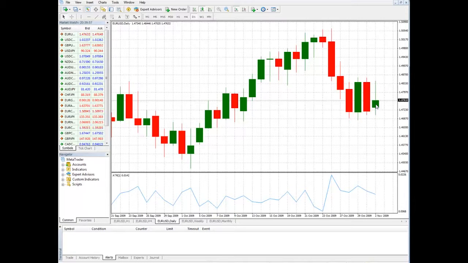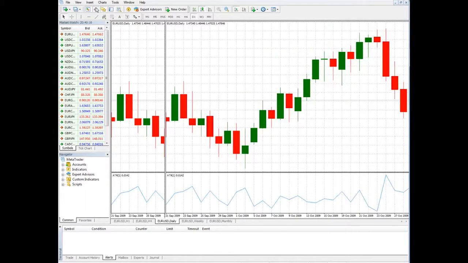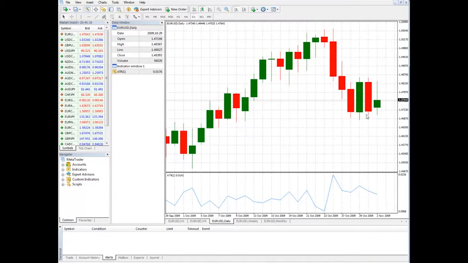So what we want to do is sell the breakout on either side of this particular daily bar. Let's take a look and see what the range is and make sure that it's going to fit within our parameters.